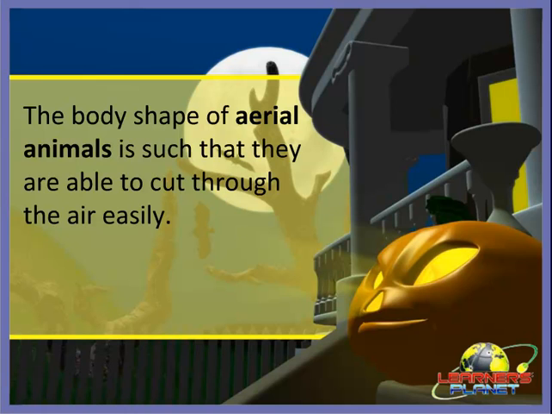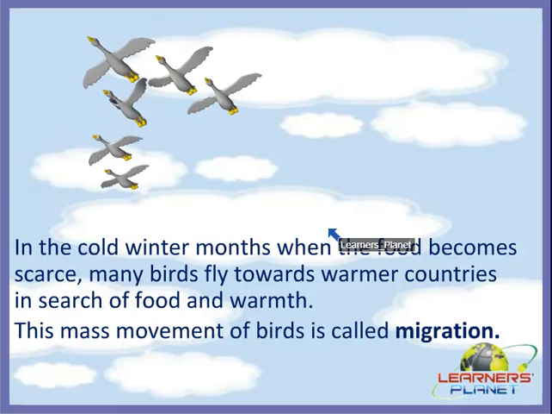So children, bats also form part of this group. For example, bat is also an example of aerial animal because it is able to fly high in the sky, right? And their limbs are also modified as wings.